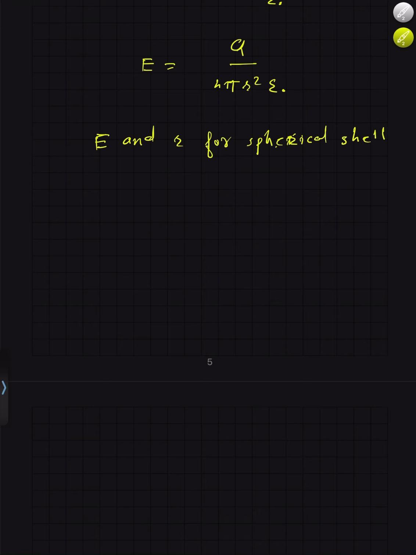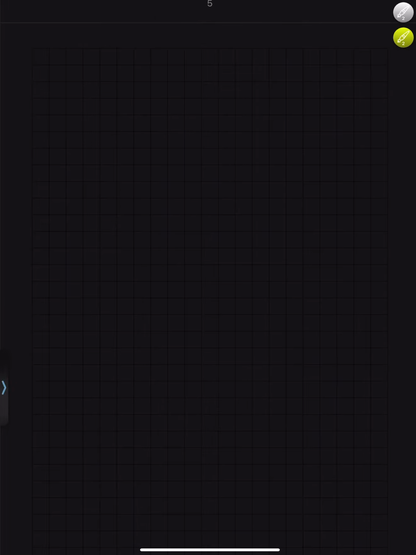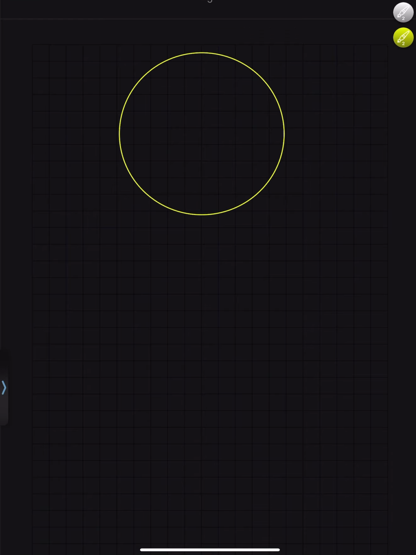If you are given one shell, you have to plot the curve of electric field versus distance r.